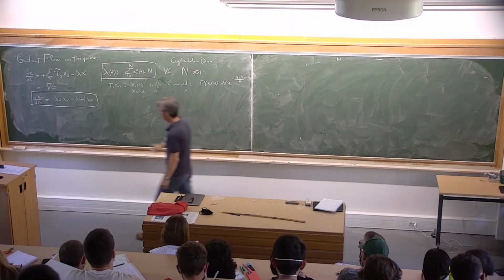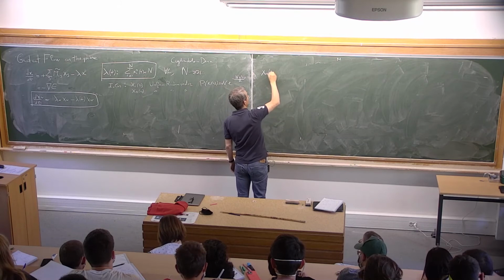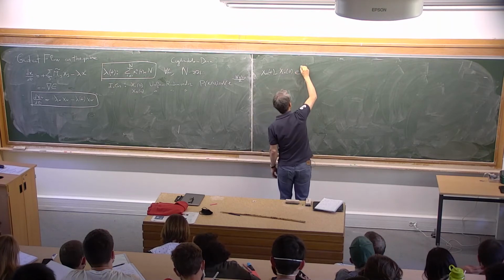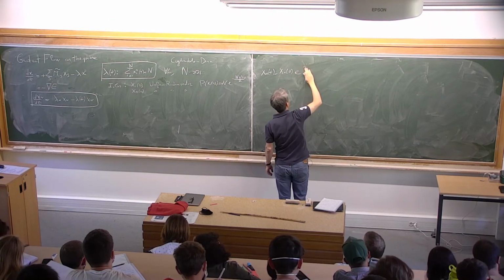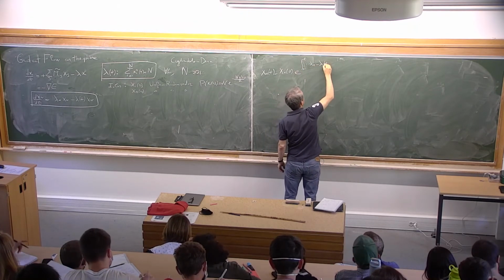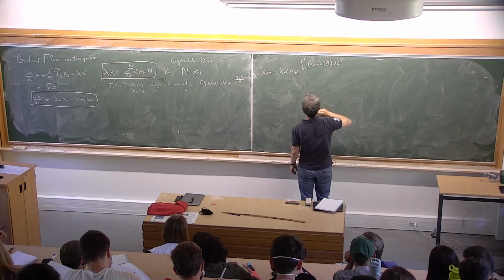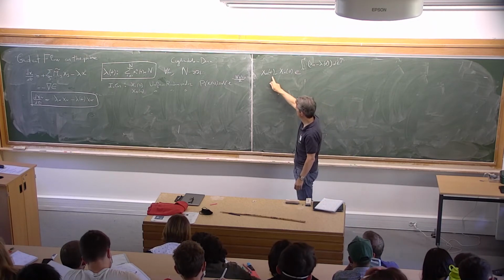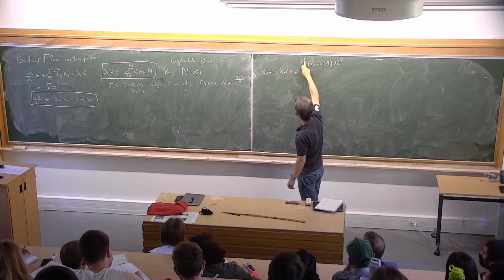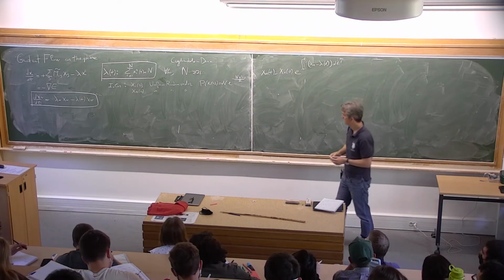Okay, that's going to be easy. The solution of this equation, with this initial condition, is x alpha of t, which is equal to x alpha of 0 times the exponential of the integral between 0 and t of lambda alpha minus lambda t prime, dt prime. Do you agree? Because if I take the derivative, the integral goes down, and I get lambda alpha minus lambda t times the same thing.